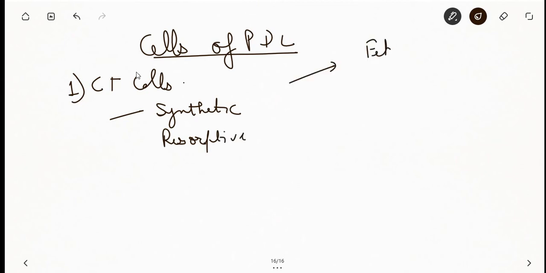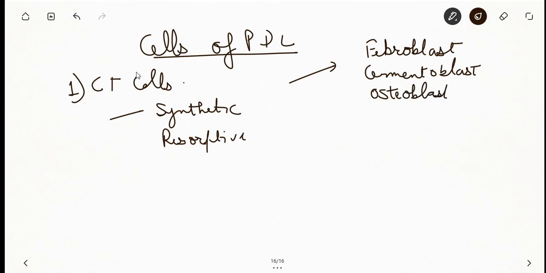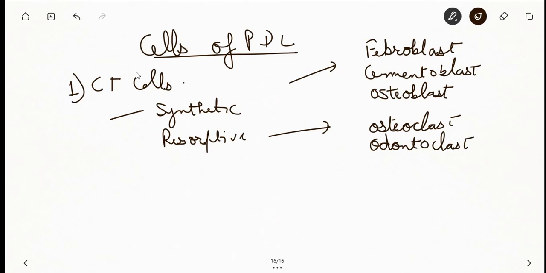The synthetic cells are the fibroblast cells, cementoblasts and osteoblast cells. Whereas the resorptive cells are osteoclasts, odontoclasts and cementoclasts.